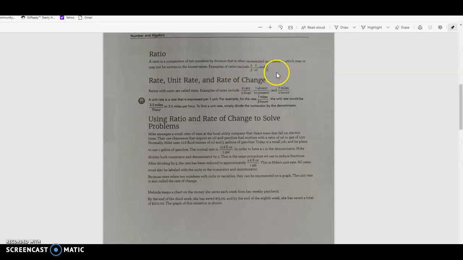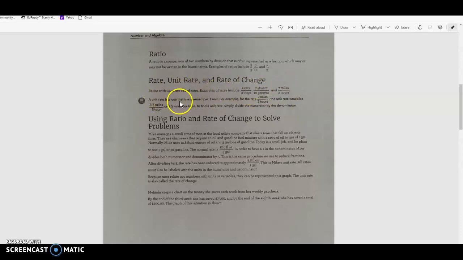All of these are ratios. They look like fractions. This one is an improper fraction, but it's still considered to be a ratio. Ratios with units are called rates. So 2 cats over 3 dogs, 7 absents over 10 presents, 7 miles over 2 hours. These are all rates because they have different units of measure.